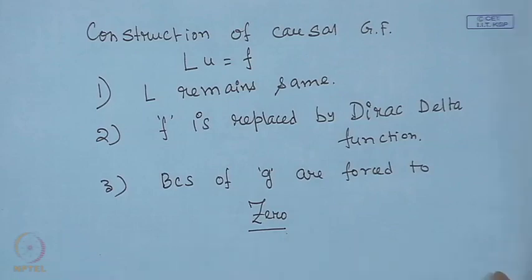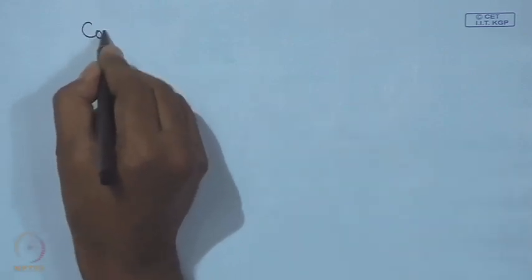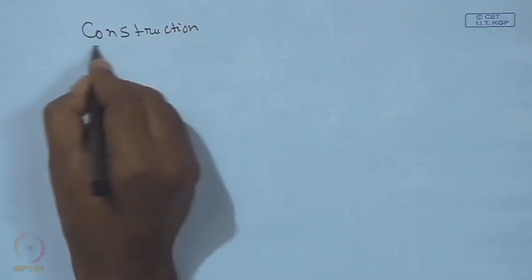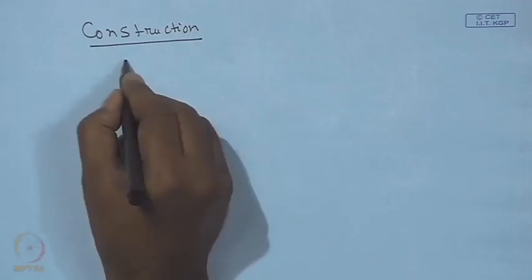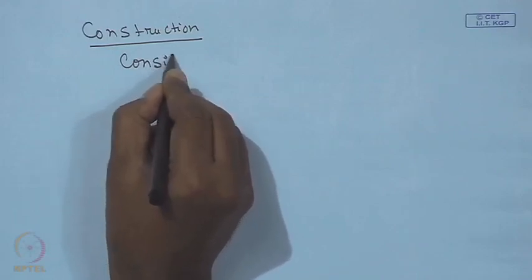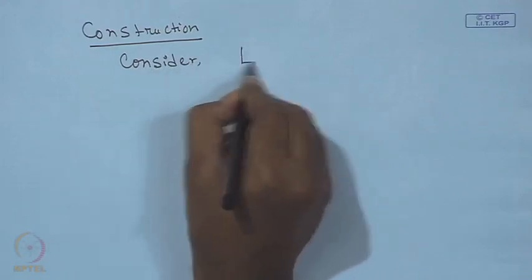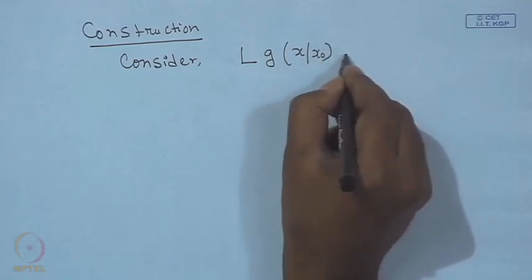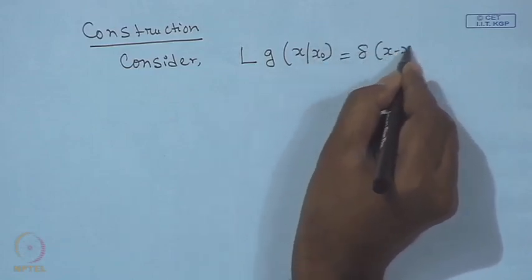Okay. So, with this, let us go ahead with the formulation of construction of causal Green's function. Consider L G x slash x naught is equal to delta x minus x naught.